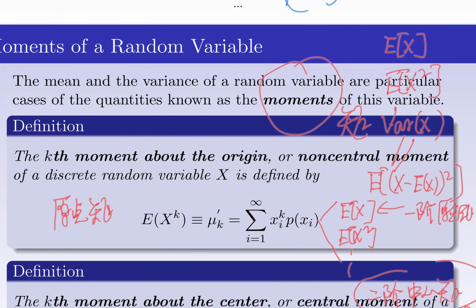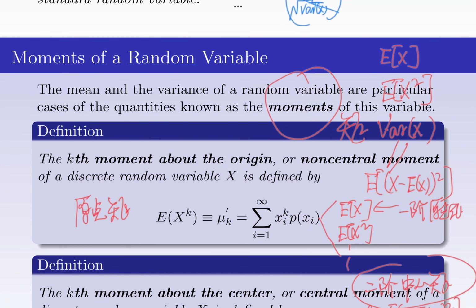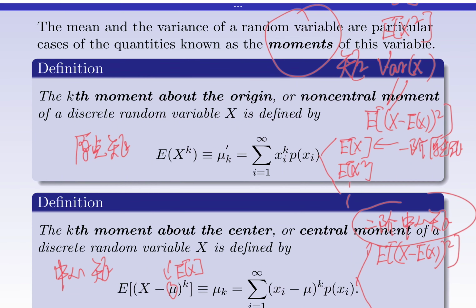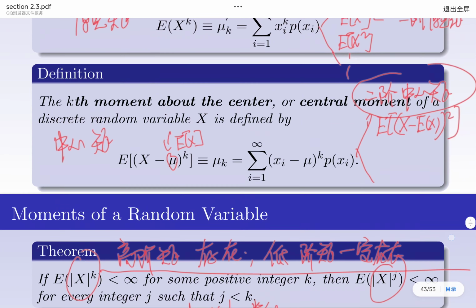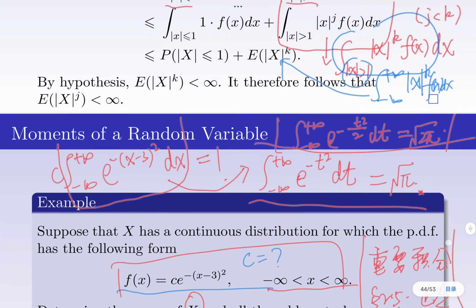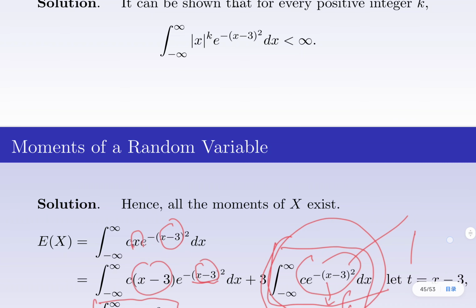The mean and variance are particular cases of the moments of the variable. The case moment about the origin, or non-central moment, of a discrete random variable is defined by what? We don't learn them well. Moments.